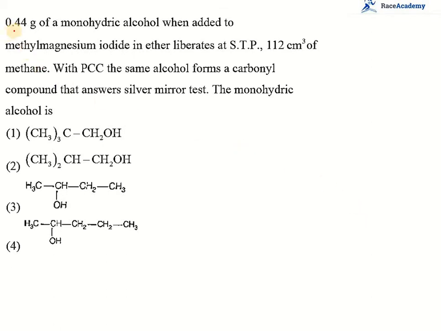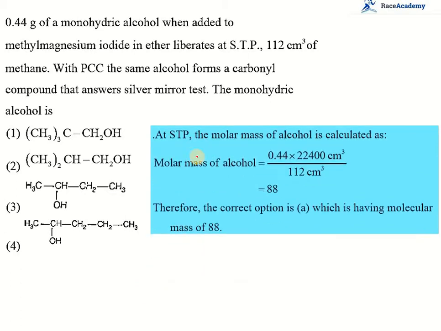Next question. 0.44 grams of a monohydric alcohol when added to methyl magnesium iodide in ether liberates 112 cm³ of methane at STP. When treated with PCC, the same alcohol forms a carbonyl compound that answers the silver mirror test. For the monohydric alcohol, the number of moles can be obtained from the volume given here.